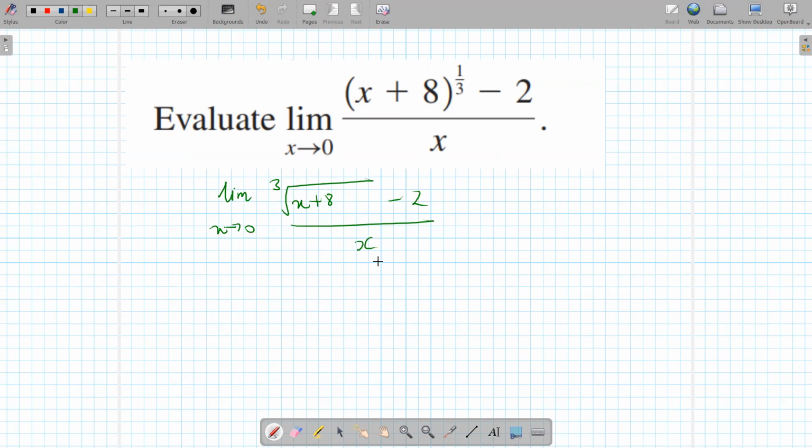Okay, if you plug x as 0, it's going to fail. So now the question is, what do we do? I guess we need to somehow get rid of the cube root, right?